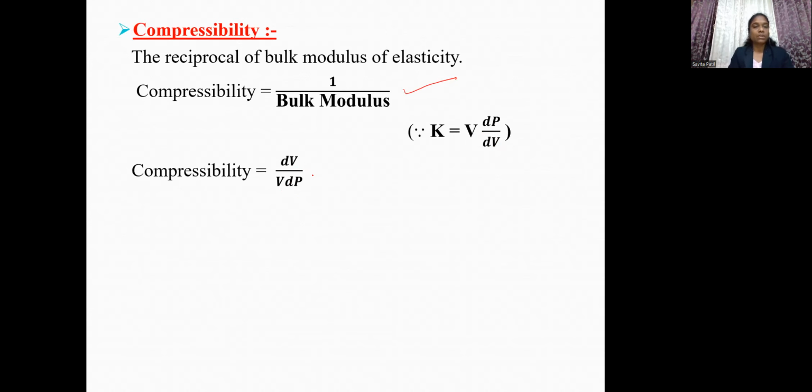From this equation, we can write the SI unit for compressibility as meter square per Newton, and its dimensions are L raised to 1, M raised to -1, T raised to 2. So this is all about compressibility.